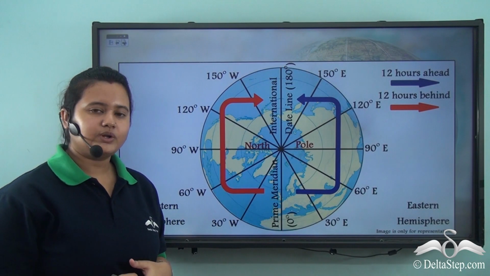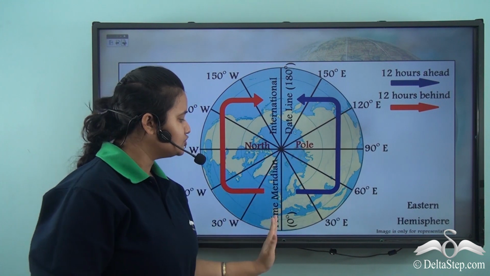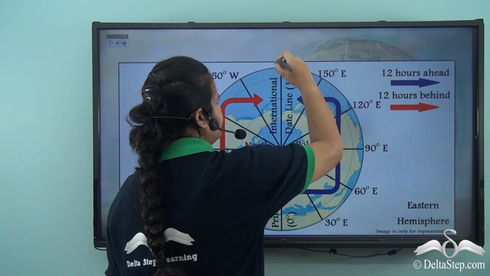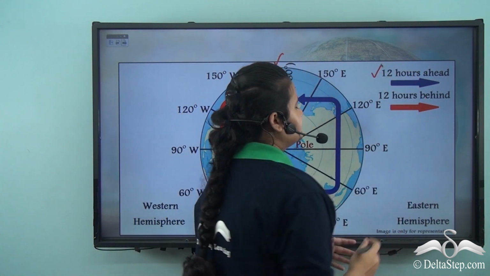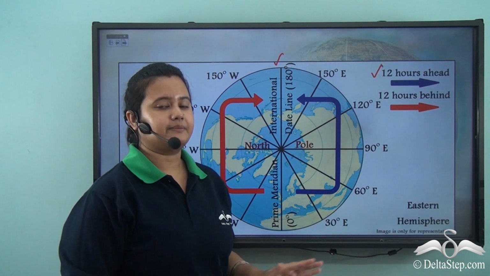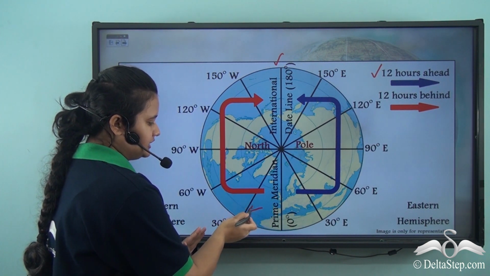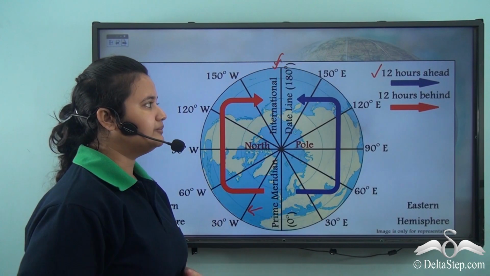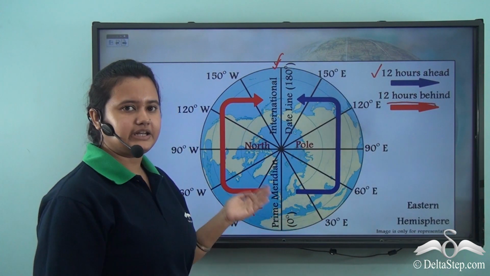So as we calculated in the previous slide, if we move 180 degrees to the east of the prime meridian, the time corresponding to this longitude will be 12 hours ahead of the time at the prime meridian. Similarly, if we move to the west of the prime meridian, then the time corresponding to this longitude will be 12 hours behind the time at the prime meridian.